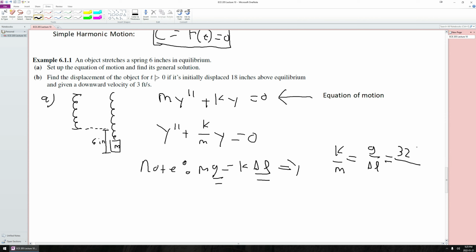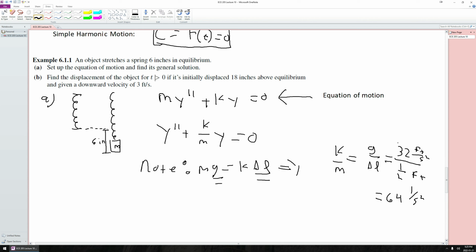So I want this to be 32 feet per second squared, all divided by L in the same units. L is 6 inches, so that would be 1/2 foot in freedom units. So if I chase this out, this whole thing has units of 64, 1 over second squared.